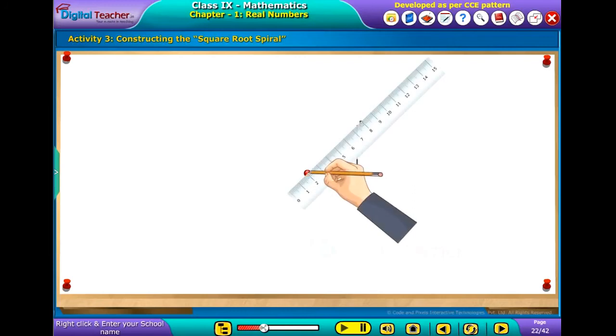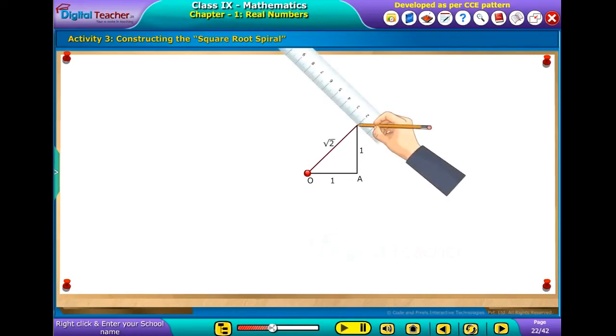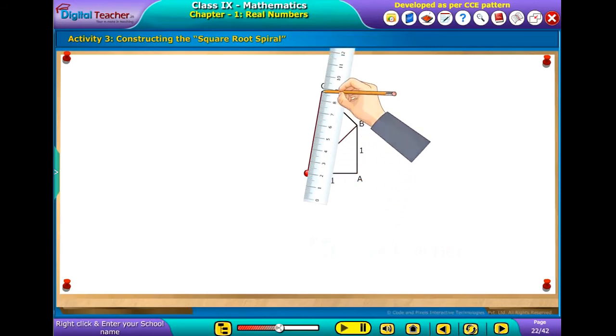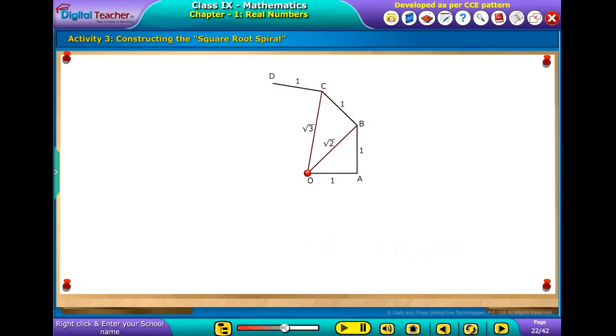Joining OB, using Pythagoras theorem, we know the distance OB is equal to root 2. Again, draw a line segment BC of unit length perpendicular to OB. Join OC, where OC is equal to root 3. Draw a line segment CD of unit length perpendicular to OC.